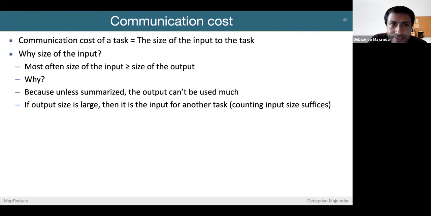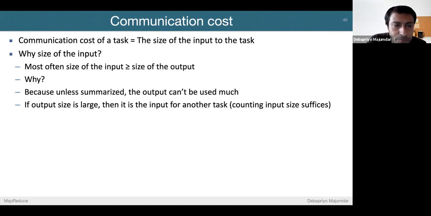Most often the size of the input should be greater than or equal to the size of the output. Why? Because if you have a huge amount of data and you are also producing a huge amount of data as output, what are you going to do with it? If you are doing analytics, you ultimately produce some report, number, or summary to get some insight.